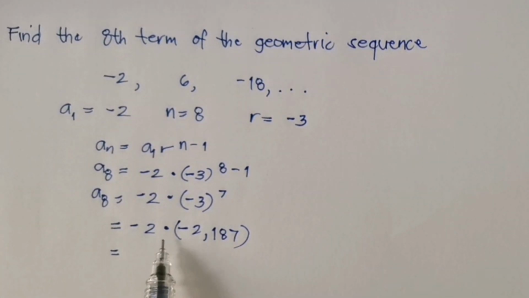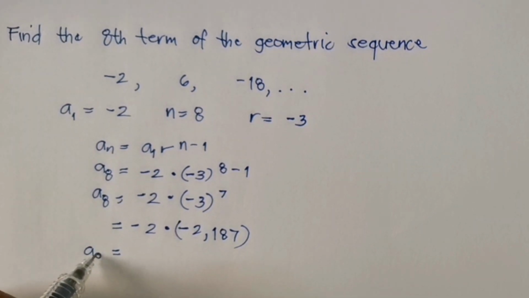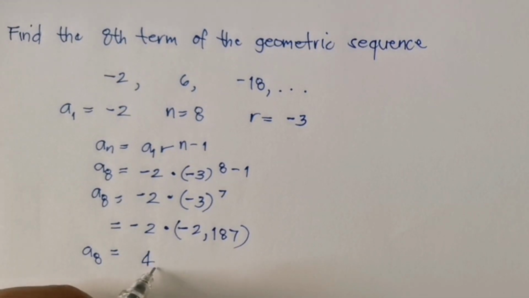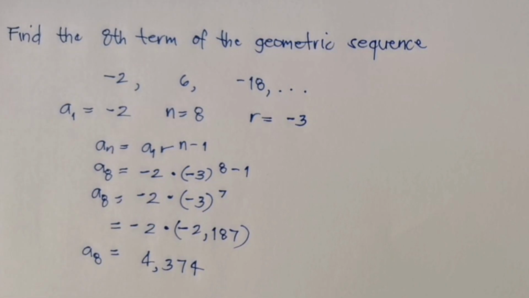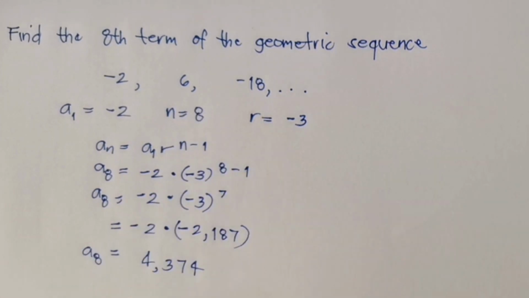Then, negative 2 times negative 2,187 is equal to positive 4,374. So, the 8th term of this sequence, negative 2, 6, negative 18, is 4,374.